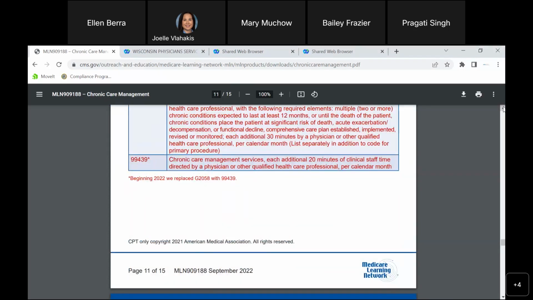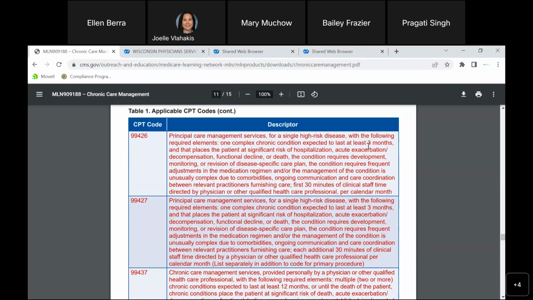Look at the definition of principal care management. It is a complex chronic condition, expected to last at least 3 months to a year or until the patient's death. So really you want to be looking at what it is you're doing.